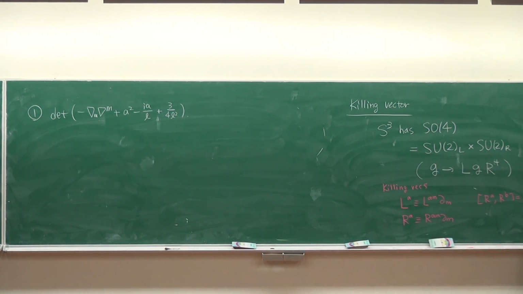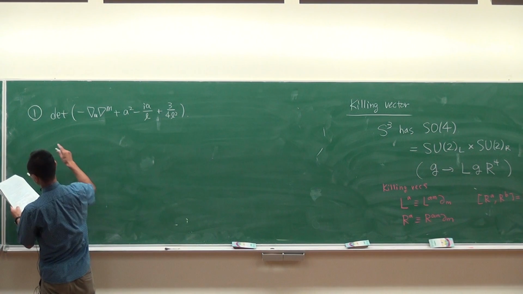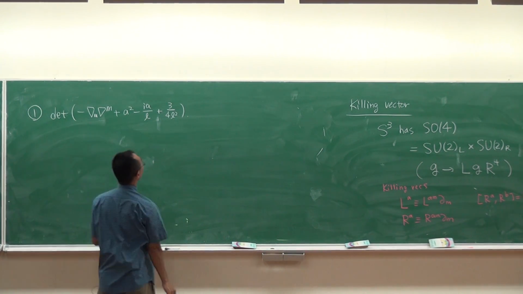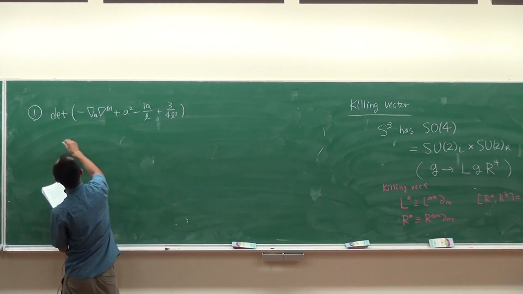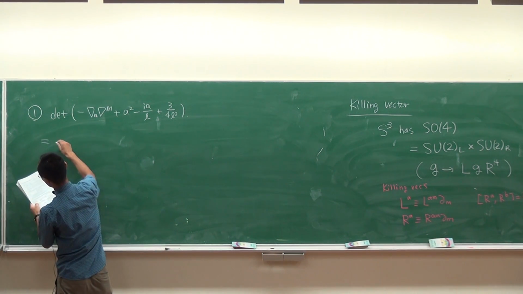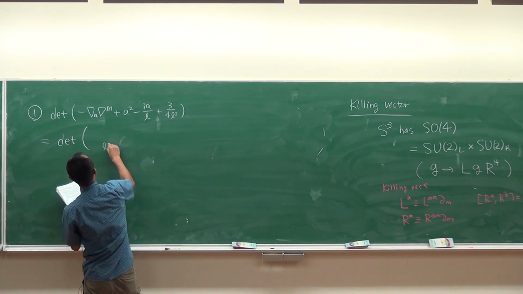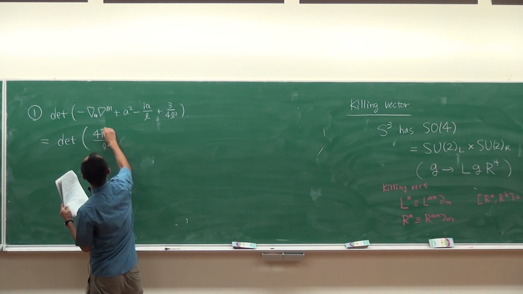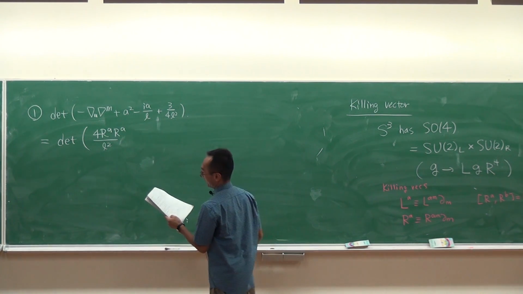This operator. So the result is that if I make use of the correspondence given here, this can be related as a determinant of this operator.